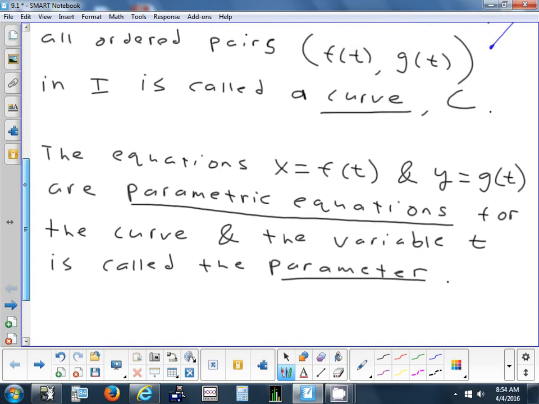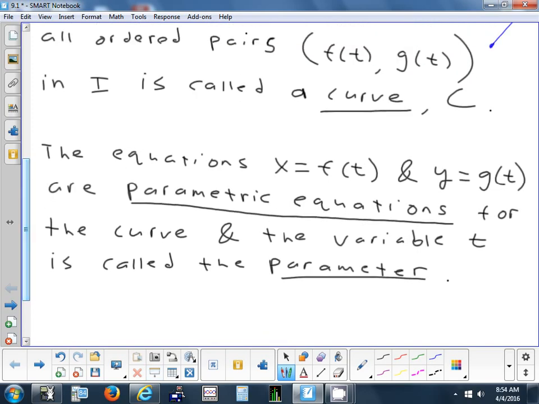The last thing is the variable that we use. Like in y equals mx plus b, we have y and we have x. We usually just call them variables. Well, in parametric, they usually call t a parameter. Parameter, variable, it's basically the same thing. The only difference I want you to think of when you see the word parameter is that there are only certain values you can use, and that's what defines our interval.